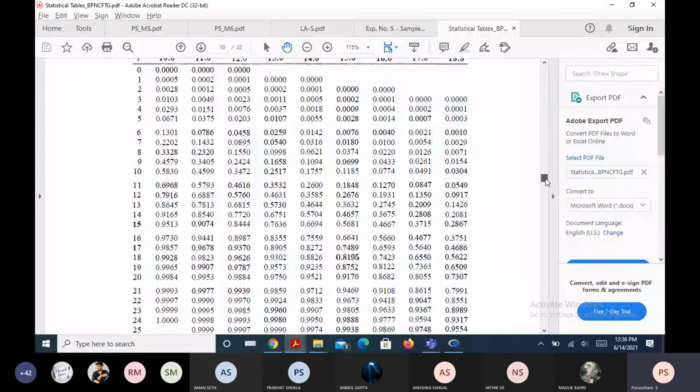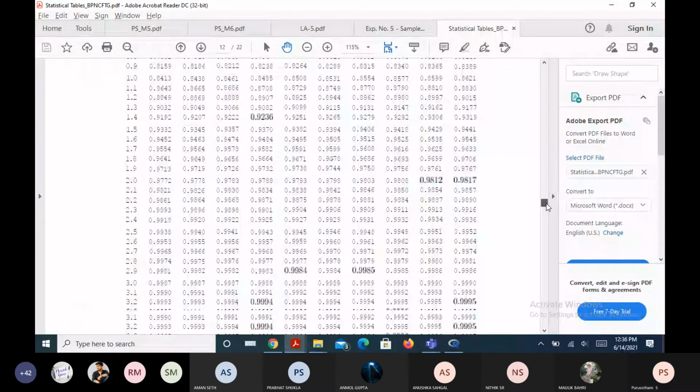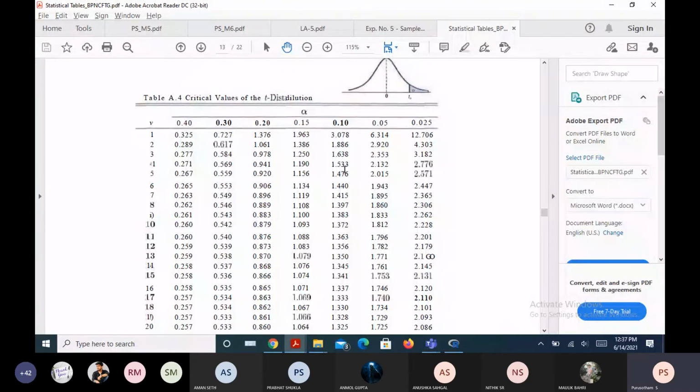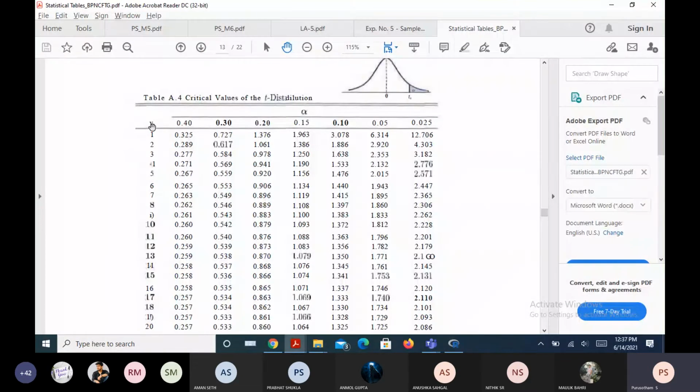Now I am going to explain the t distribution. What is the degrees of freedom? It is 8, denoted by nu. Nu is given in the first column.